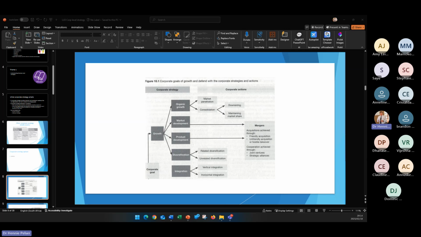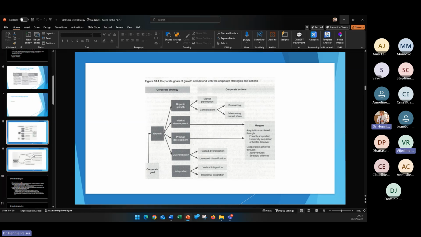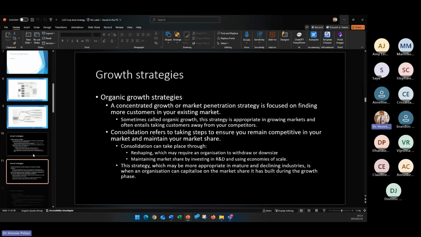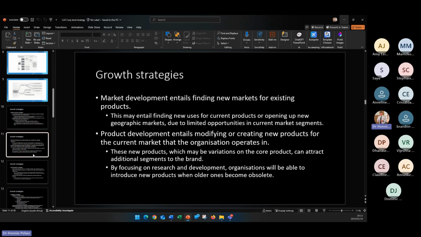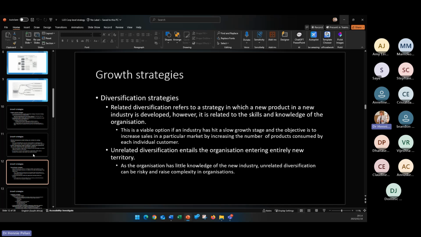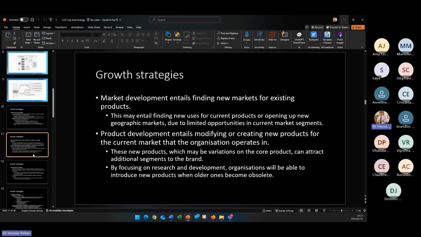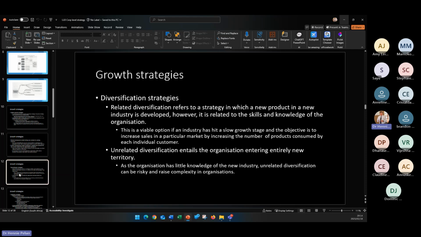So the answer there is in Learning Unit 3, slide 11. Stay with slide 11, guys. If they introduce T-shirts, then you can argue it becomes related diversification. If they start offering cell phone contracts, then it's unrelated diversification.